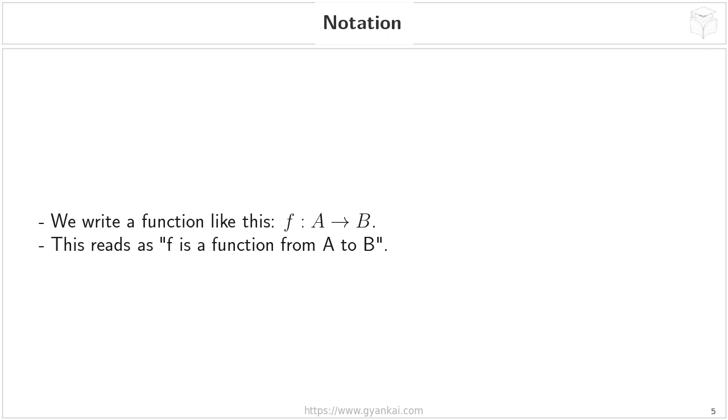We'll be using it throughout our study of functions, and it's the standard way mathematicians communicate about functions. In the next slide, we'll really solidify what makes something a function, and what doesn't, so keep this notation in mind as we move forward.